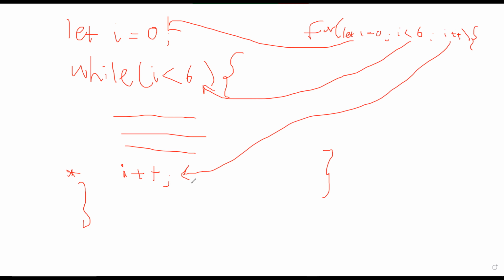So the same thing holds. Once this expression returns true, this statement will be executed. This value will be incremented until it gets to 6, which is not less than 6, and this will now return false. And it will now exit the loop.